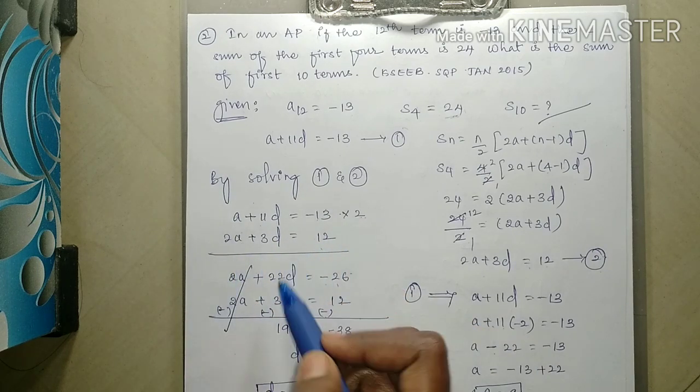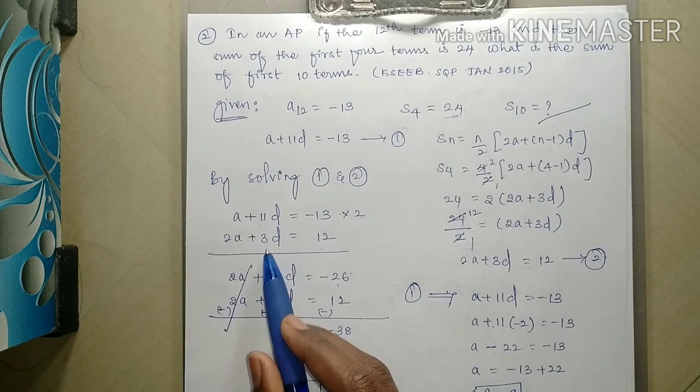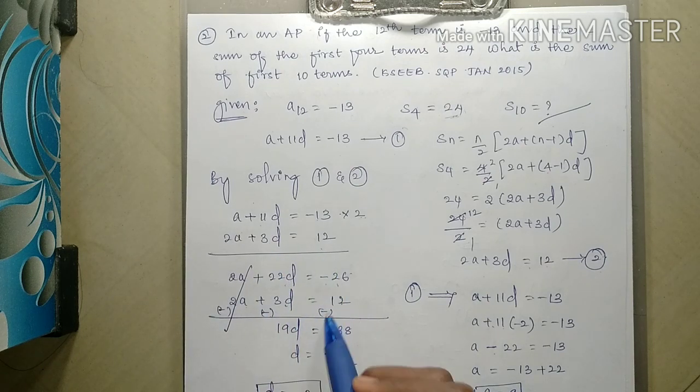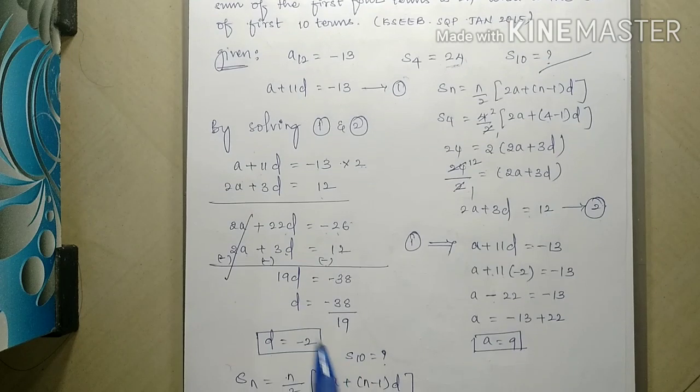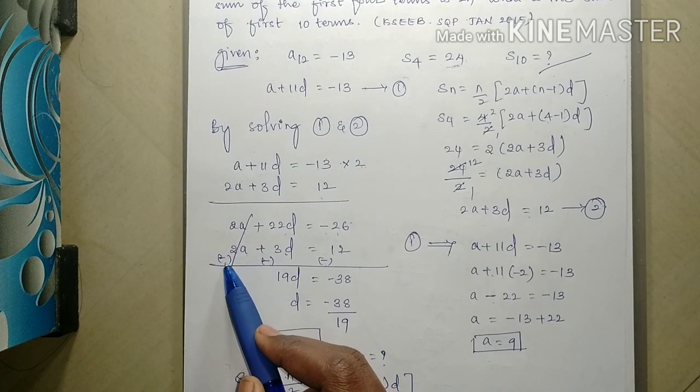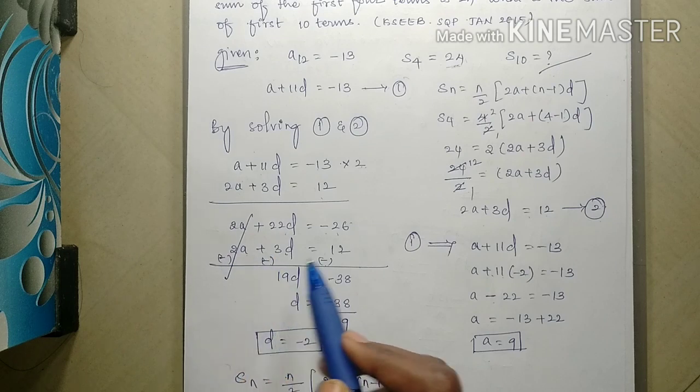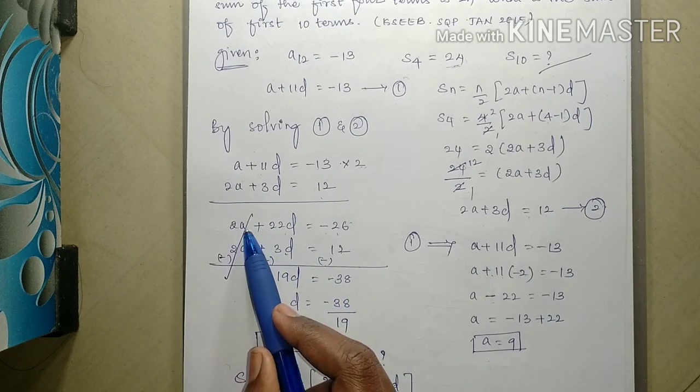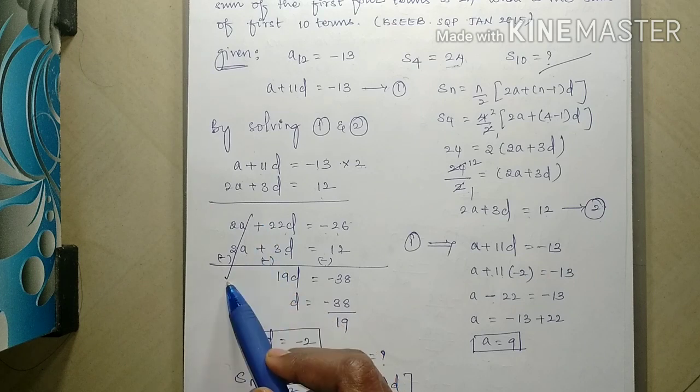The second equation, write it as it is, 2a plus 3d is equal to 12. So now by changing the signs, the plus becomes minus, and here also minus, and here also minus. 2a minus 2a will get cancelled.